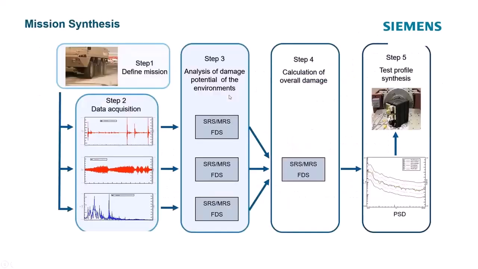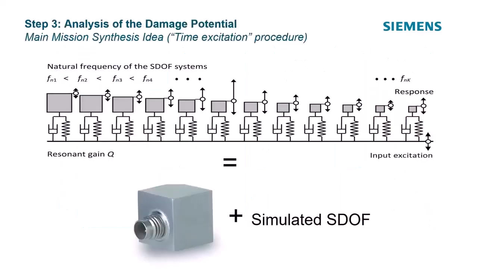So now we've defined the mission, we got our loading environments, we've taken all our data. Now we're going to calculate some functions: shock response, maximum response, and fatigue damage spectrum. So our accelerometer is our input, and it represents this base excitation.